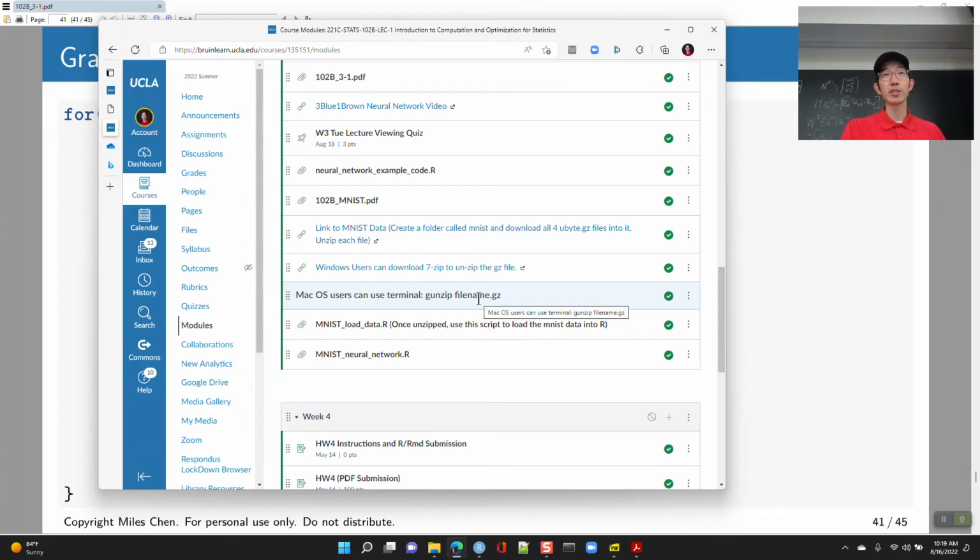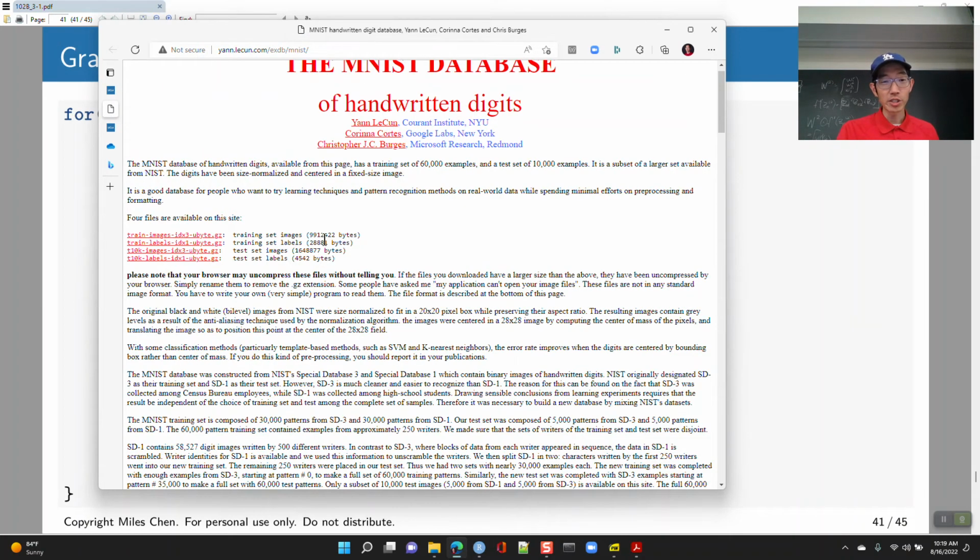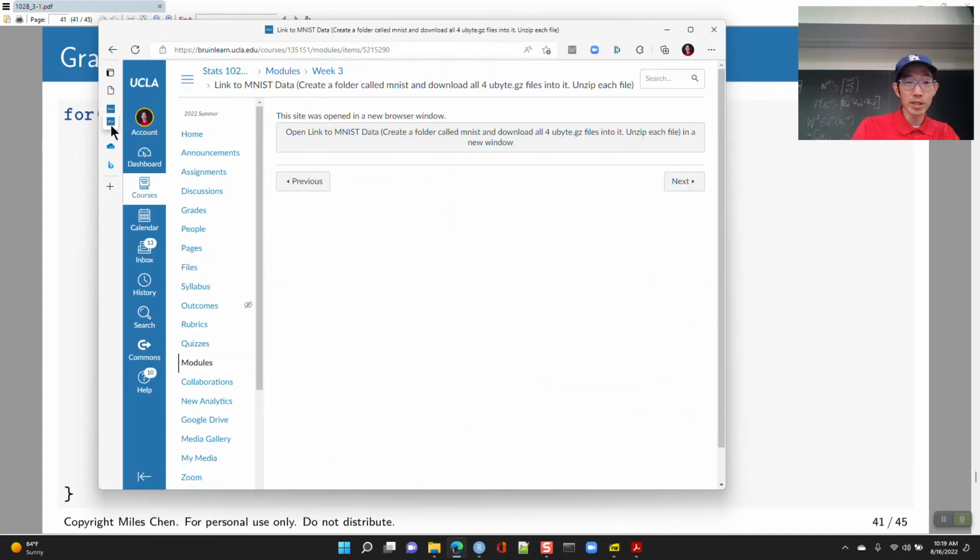So on Mac, you can use Terminal. You find the location and type gunzip and then the name of the file. In this case, it'd be gunzip train-images-idx3-ubyte.gz. Okay, and then you would unzip train-labels-idx1-ubyte.gz.